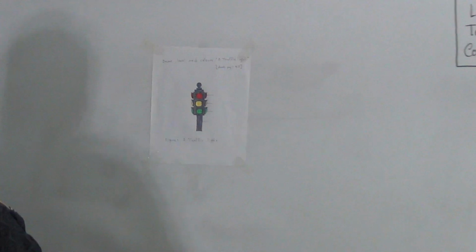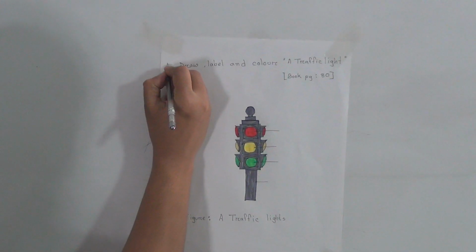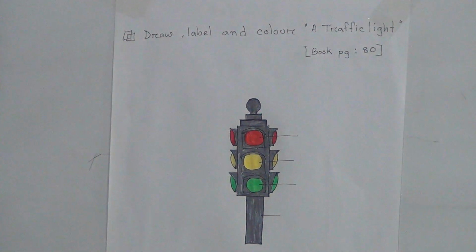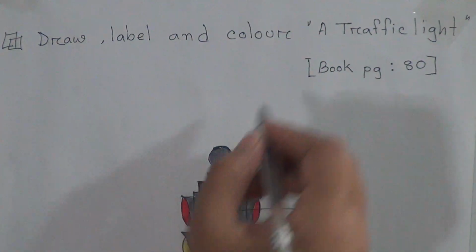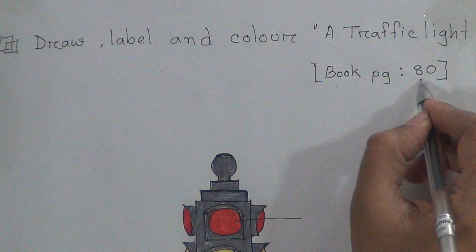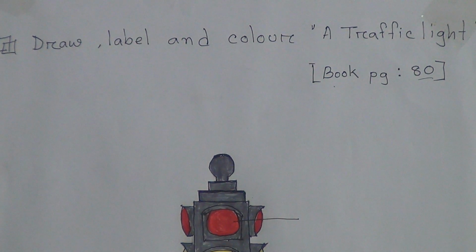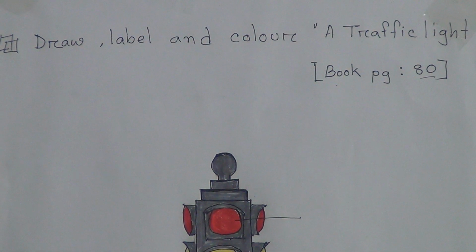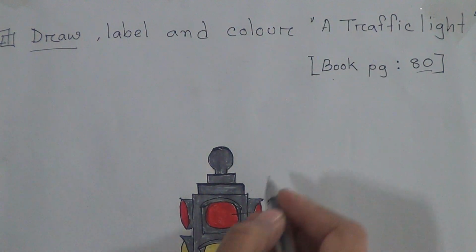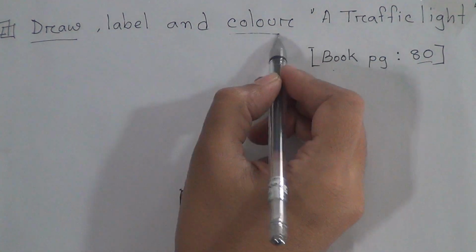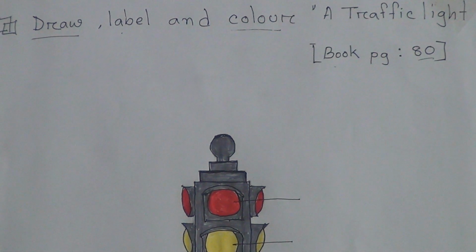Dear students, your topic is draw, label and color a traffic light, and you will get it from book page 80. For this you have to draw this traffic light. This will be the draw, and then you have to label and you have to color. Then what will you label?